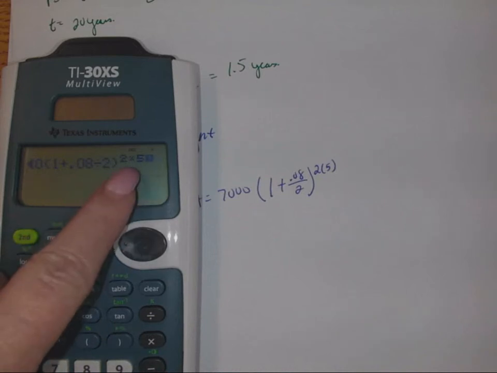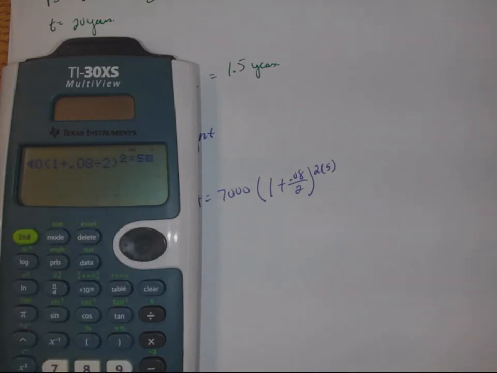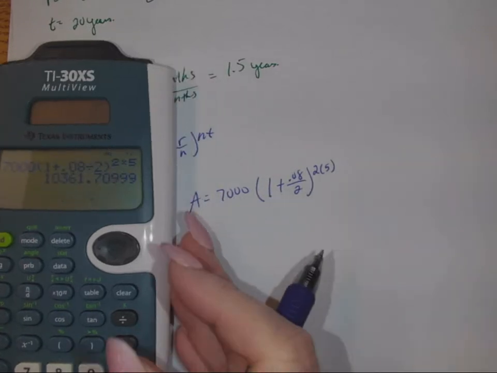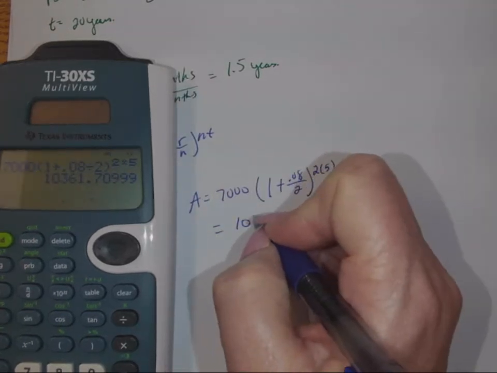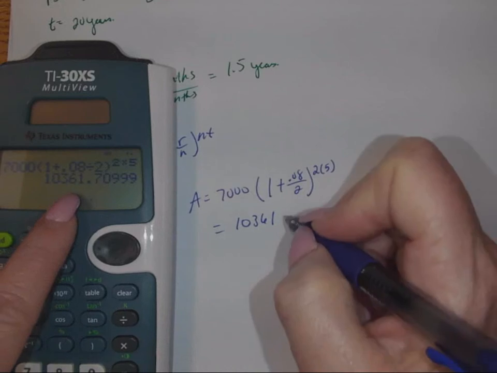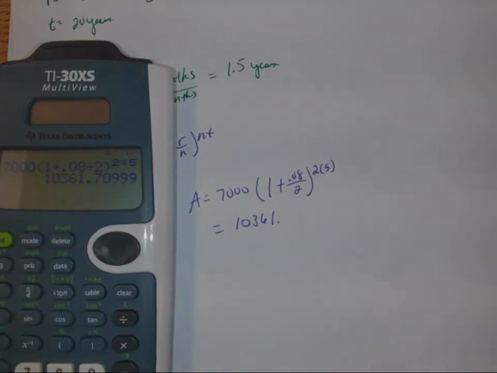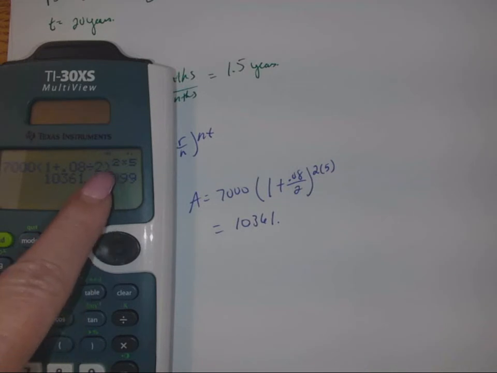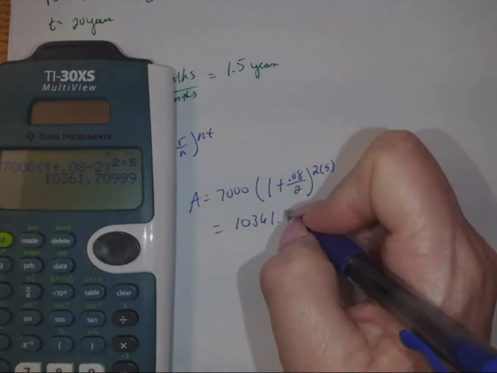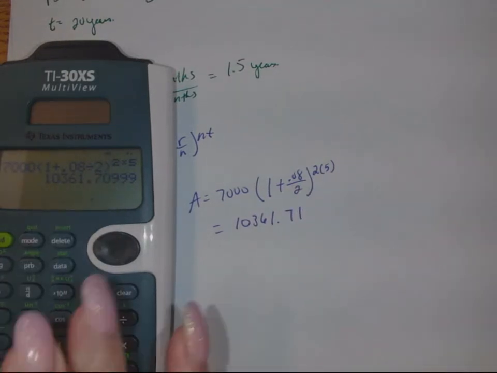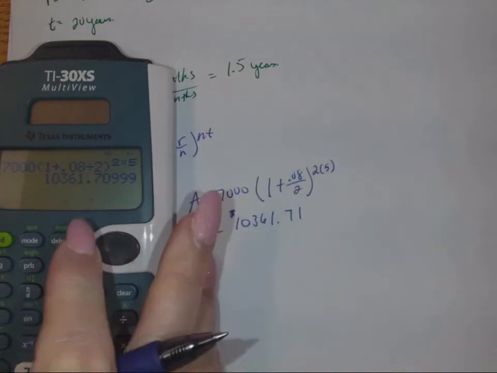Now, if you don't have it where it goes up in that square, you would have to put it in parentheses. Hit enter, and you get 10,361.709. With money, you're always going to go to 2 decimal places. So this 9 will make the 0 become a 1, so 10,361.71. That would be your final answer.